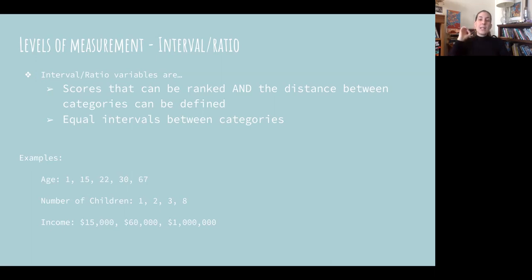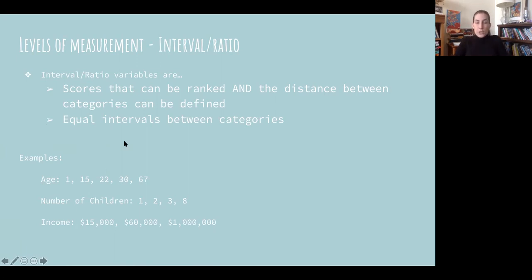Typically, this is stuff that we get an actual numeric answer for, okay? And we can see what the intervals between categories are. They don't have to be exactly equal, but we do have to understand what they are, right?